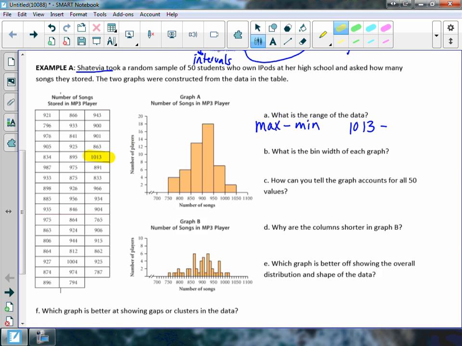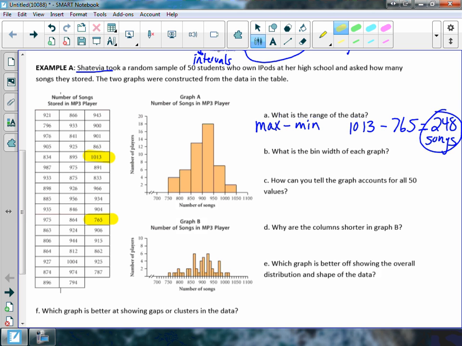My min value looks like something in the 700s. I think it is 765. So if you subtract those two values, 1013 minus 765, you get your total range, which is 248 songs.